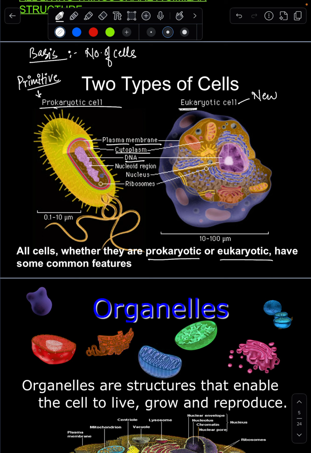Then DNA, which is the genetic material always present in all types of cells. Nuclear region or nucleus, which is the monitor, and also the ribosomes which make proteins. Their sizes are also very important. 0.1 to 10 micron and 10 to 100 micron are the size differences of prokaryotic and eukaryotic cells.